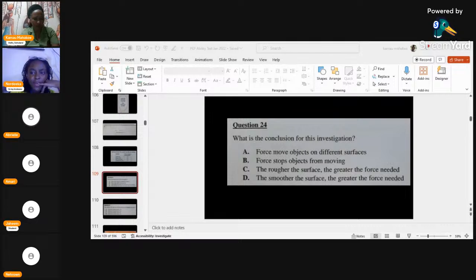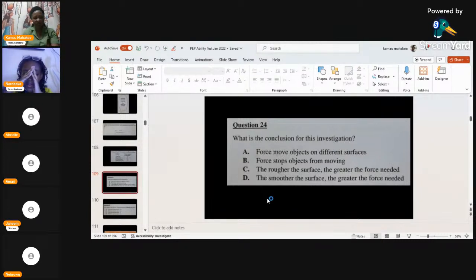A. Force moves objects on different surfaces. B. Force stops objects from moving. C. The rougher the surface, the greater the force needed. D. The smoother the surface, the greater the force needed.